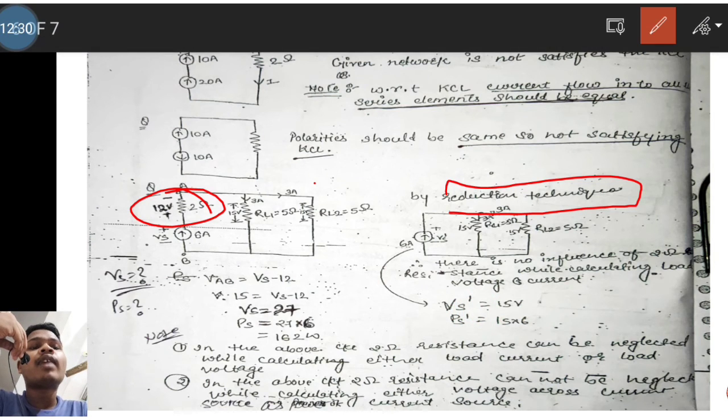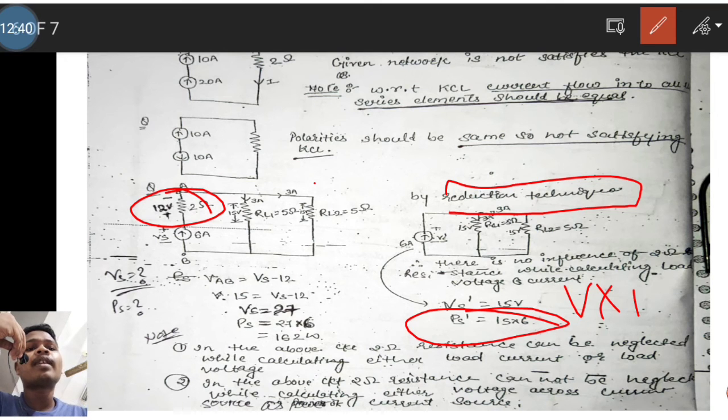If you want to find the power of the source, that is equal to V into I. The voltage source is given as 15 volt and the current source is 6 ampere. Multiply both terms.